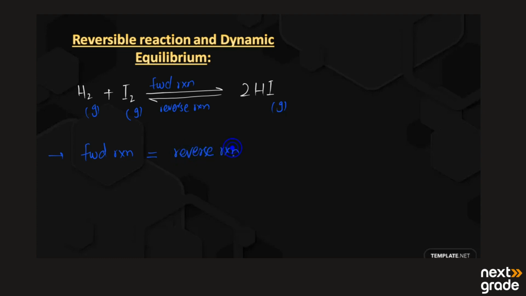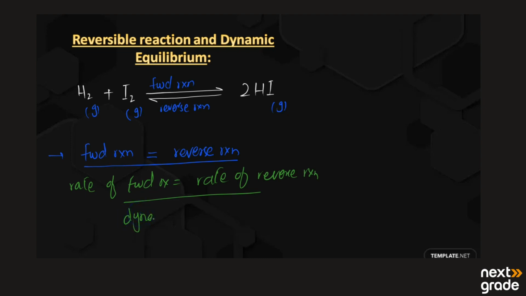When the rate of the forward reaction becomes equal to the rate of the reverse reaction, this state is known as the dynamic equilibrium state.